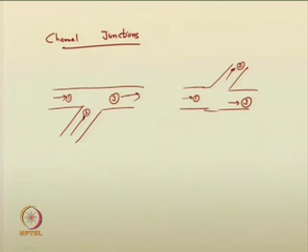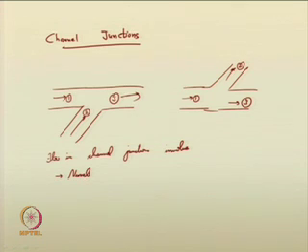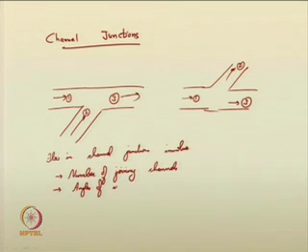So, we can suggest now that flow in channel junctions involves the number of joining channels, how many channels are forming that junction. The angles of interactions between channels are also quite significant.